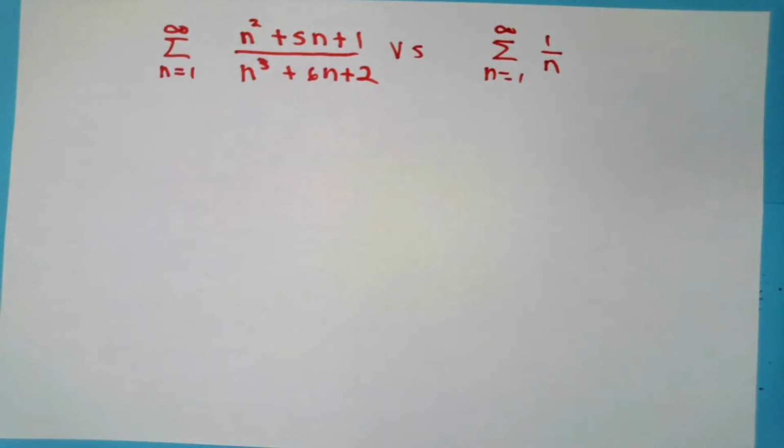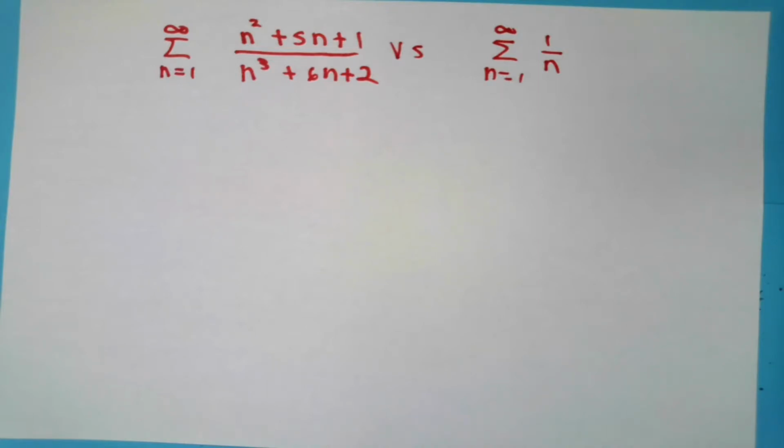If you remember how the limit comparison test goes, I'm supposed to take corresponding terms out of these two series, divide one by the other, take the limit as the index of the term tends to infinity, and see what I get as a result.